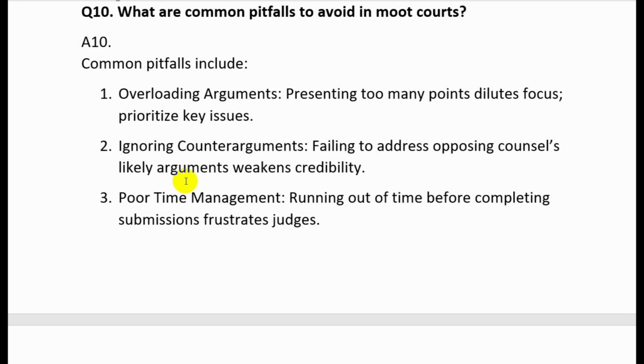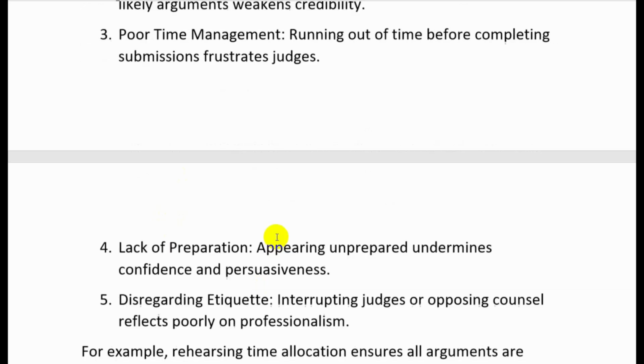They have to go through multiple cases in a day, and there is very limited time for each case. So, not to unnecessarily extend or go beyond the time allocated for your arguments. So, in a very concise and clear, analytical manner, one should present their arguments.